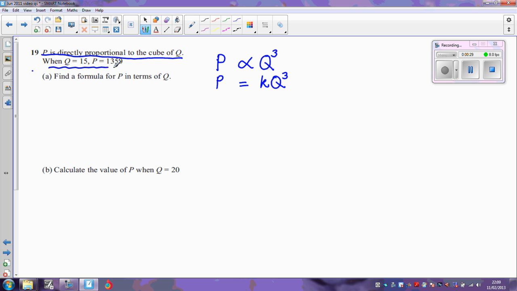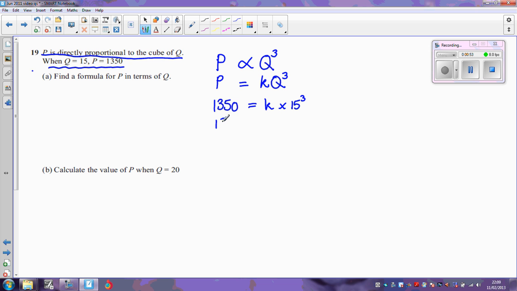Well, in order to find our formula for P in terms of Q, we can't have K in it. So in other words, we need to get rid of K by substituting Q equals 15 and P equals 1,350 into this. So if we put here, instead of P, I can write 1,350, and that's going to equal K multiplied by 15 cubed instead of Q cubed.